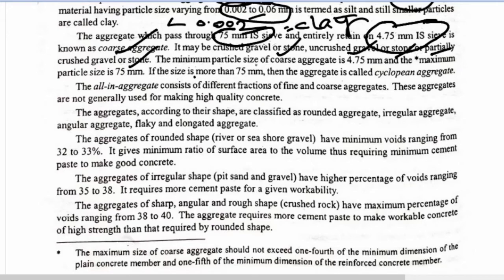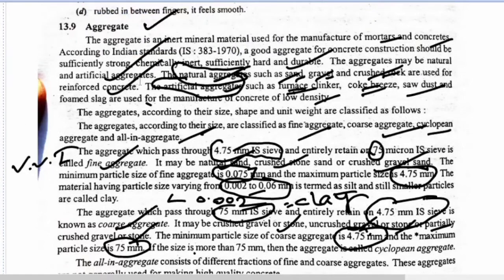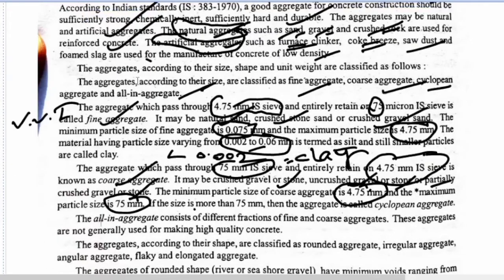The minimum particle size of the coarse aggregate is 4.75 mm and the maximum particle size of coarse aggregate is 75 mm. तो देखिए, minimum particle size of fine aggregate 0.075 mm और minimum particle size of coarse aggregate equal to 4.75 mm.